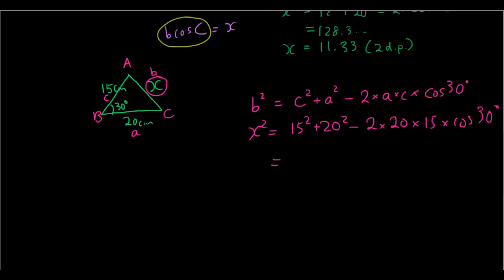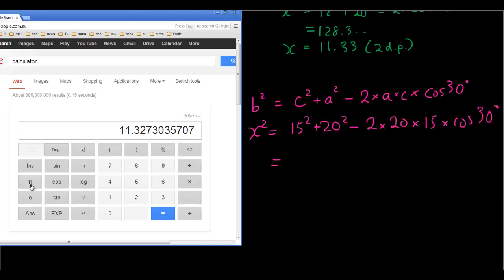Putting that into the calculator: 15 squared plus 20 squared minus 2 times 20 times 15 times cos 30, close the bracket, equals 105.4.